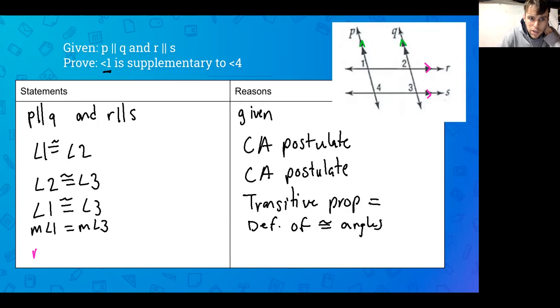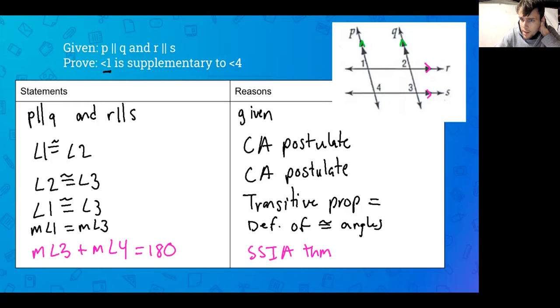So I can say the measurement of angle 3 plus the measurement of angle 4 has to equal 180 degrees by the same side interior angles theorem. They are on the same side of this transversal, interior between the parallel lines P and Q.